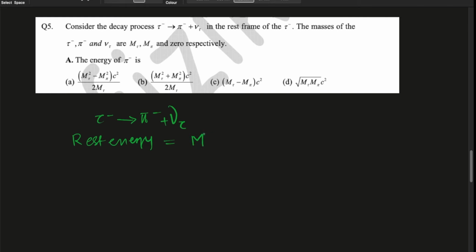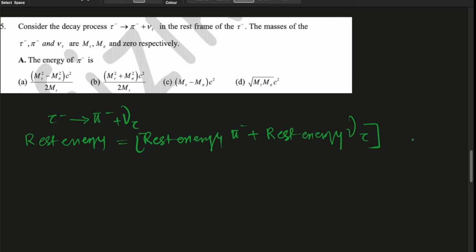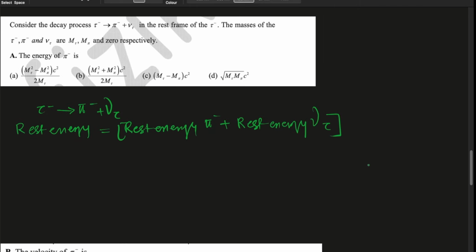I should first write it in the theoretical form: the rest energy of pi plus the rest energy of tau neutrino, plus the kinetic energy of pi and the kinetic energy of tau neutrino.